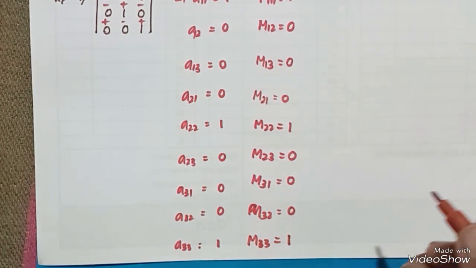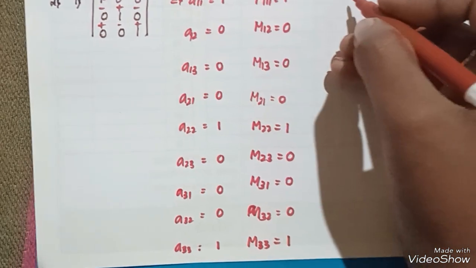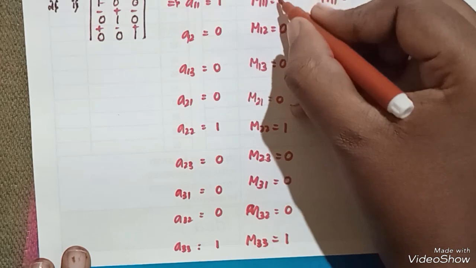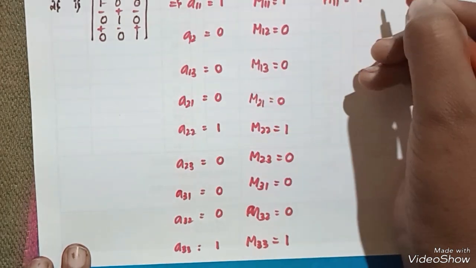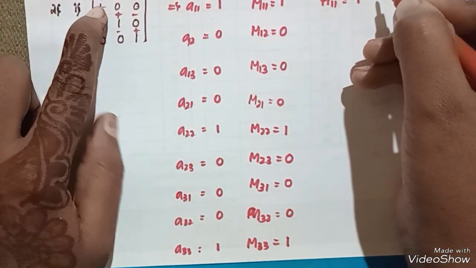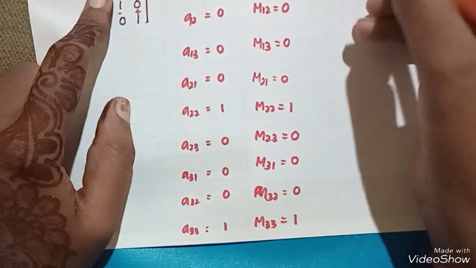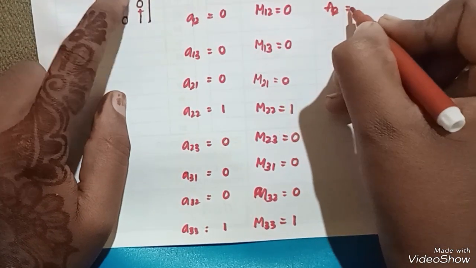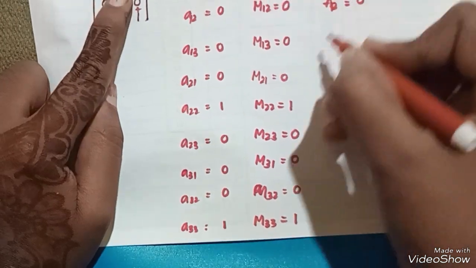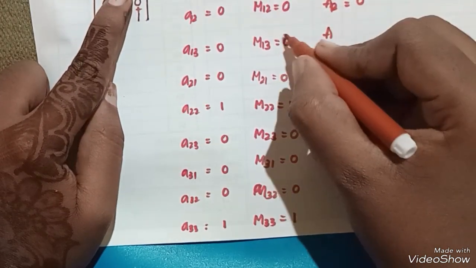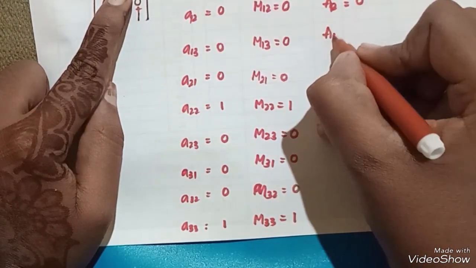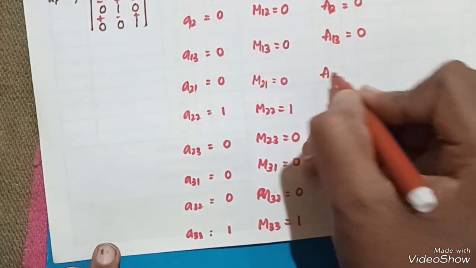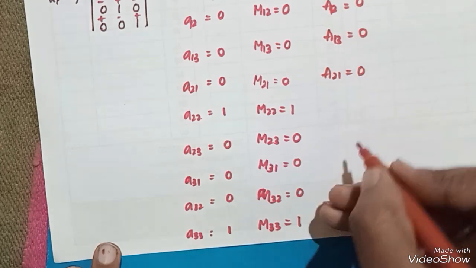Now multiply the corresponding signs with the minors and we get the cofactors. A11 multiplied by the plus sign is 1, because the first symbol is positive. Here A12, with a minus sign, becomes 0, as there are no elements to multiply. A13 becomes 0. Then A21 is also 0.